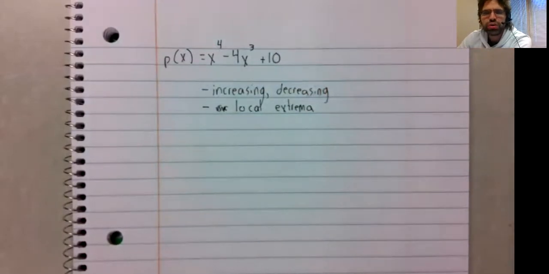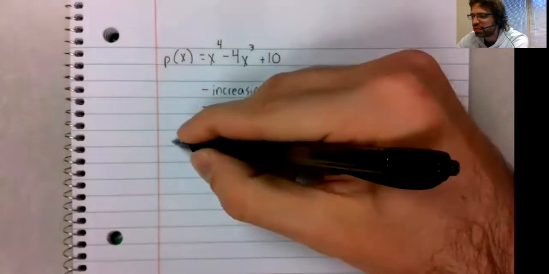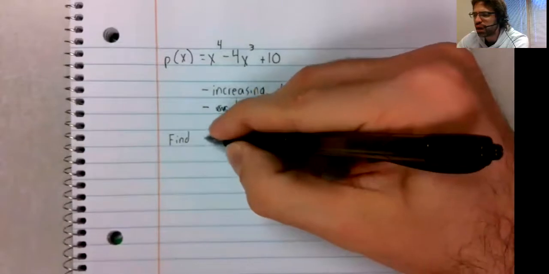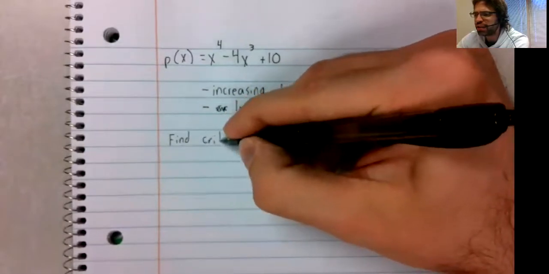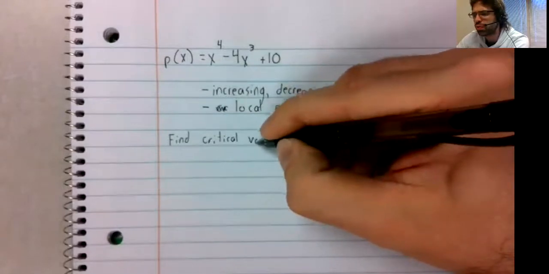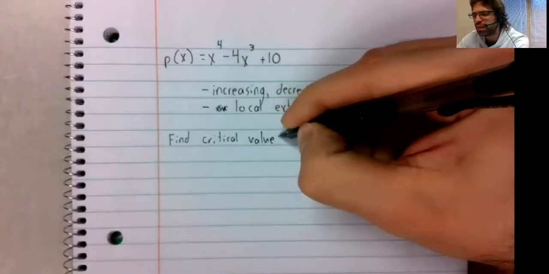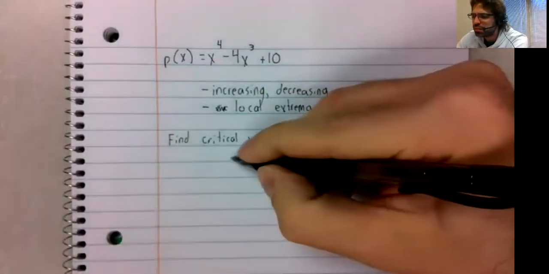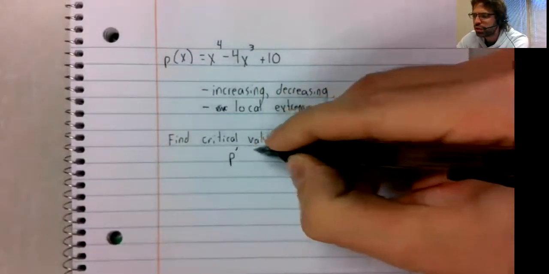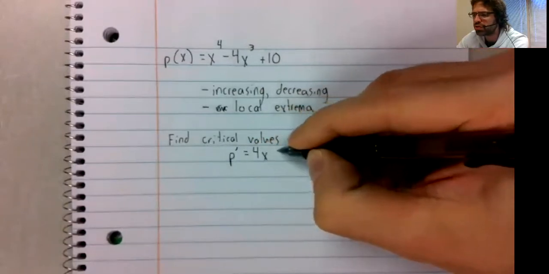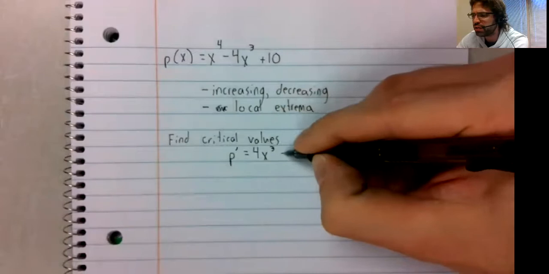And to do both of these things, we should start by finding the critical values. Critical values come from the first derivative.